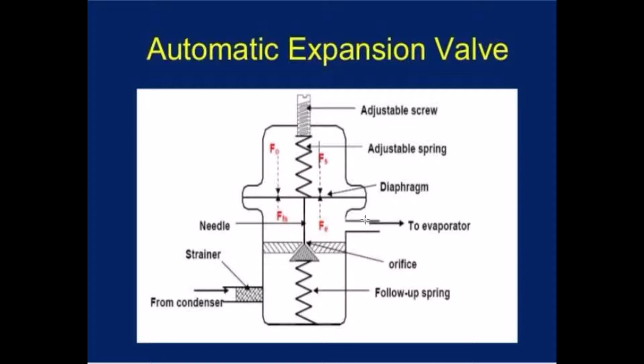So this output is to the evaporator system. And then this one is from the condenser system. So this diaphragm we call the needle. Yes, this needle is the diaphragm. So this spring controls the condition of pressure.